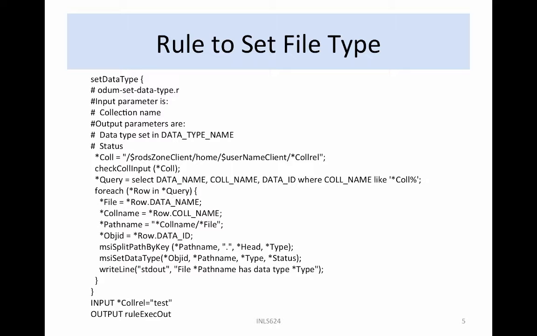It constructs the path name to the file by using the collection name / file name. It retrieves the object ID. It then splits the path using a period as the delimiter into a head and a type. It sets the data type on the file and writes an output to the screen stating that the path name has data type *type, and then loops over all of the files that were found.